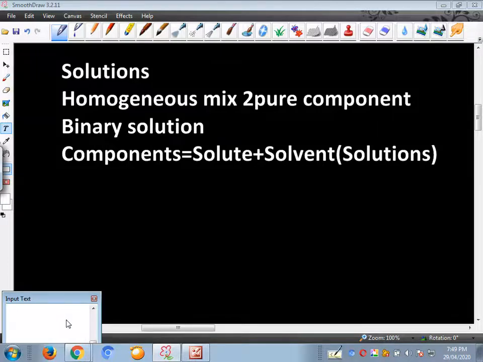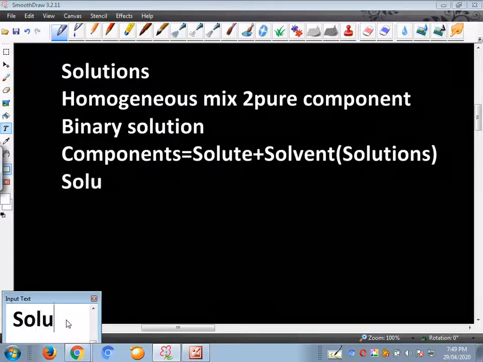Now you may ask, what do you mean by a solute, or what is the definition of a solute? There are two different definitions, so I will discuss them one by one.